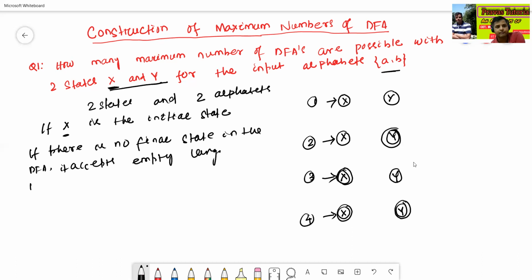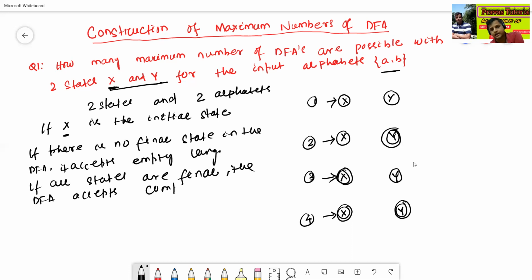If all states are final, the DFA accepts the complete language.